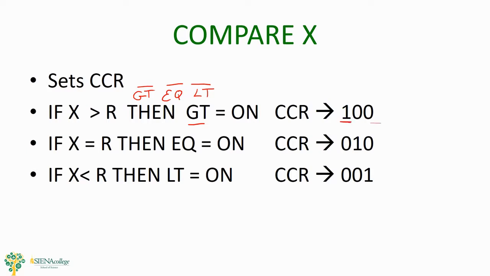One bit is turned on. If the result of the comparison is equal to, the middle bit is turned on. Lastly, if the comparison results in a less than, then the rightmost bit is turned on. Only one bit can be on at any one time in the CCR.